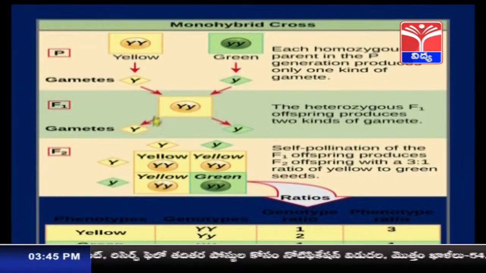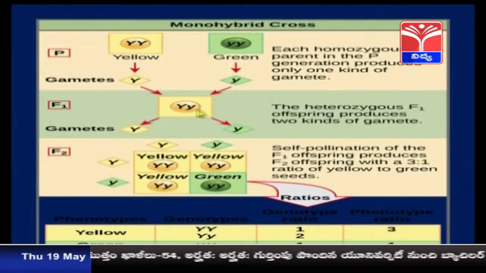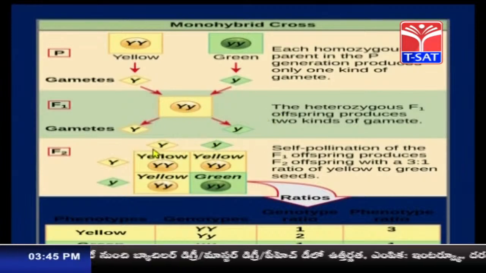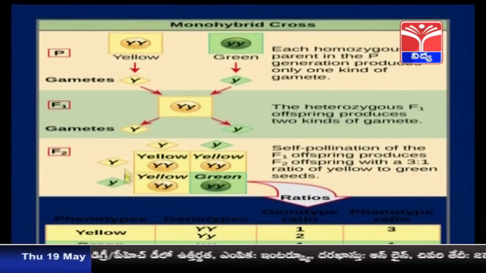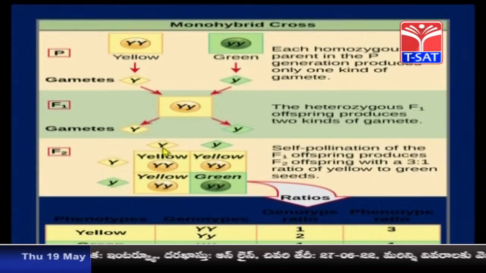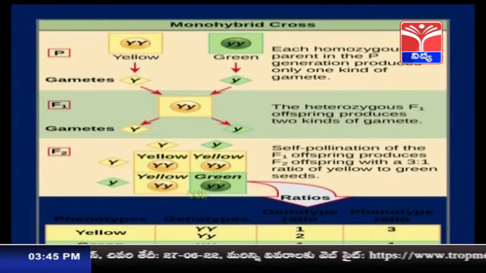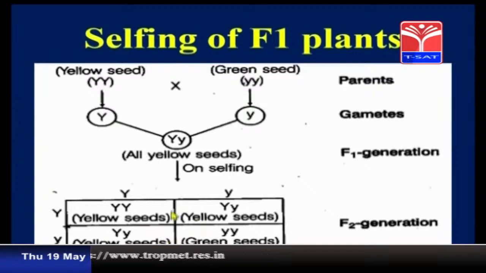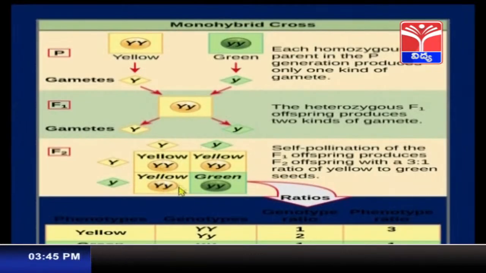Now, on selfing, capital Y, small y into capital Y, small y. One side is representing the parent, father, we can say, the other one is the female part. When you go with selfing, you get 4 combinations as I showed over here, in the same box. With the help of color, it is easy for us to understand. Hence, you can see that there are 3 yellow color plants, that is plants with yellow seed color, and one is green.